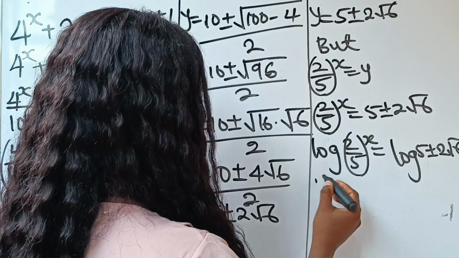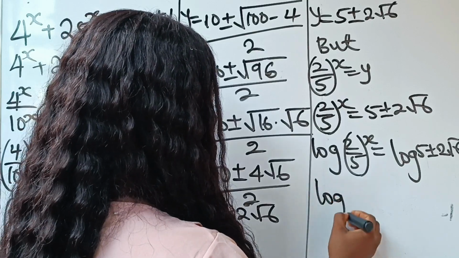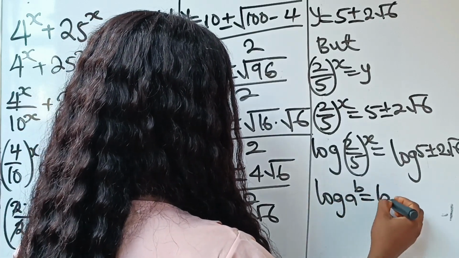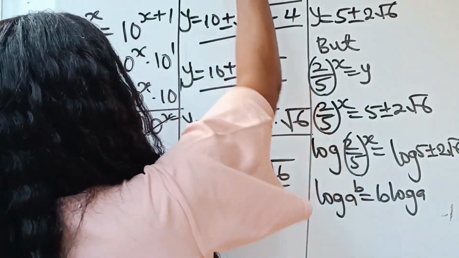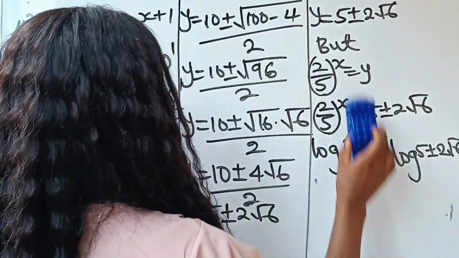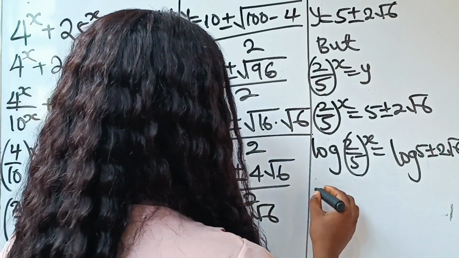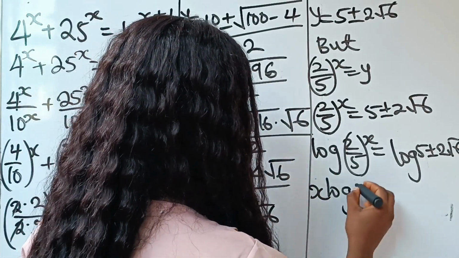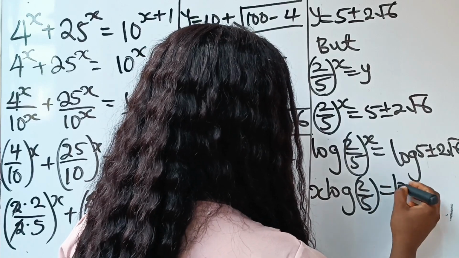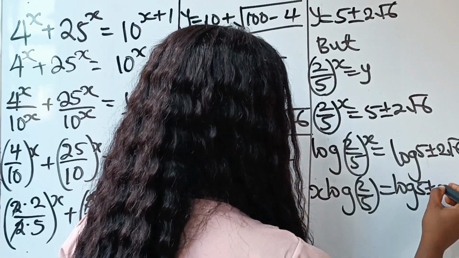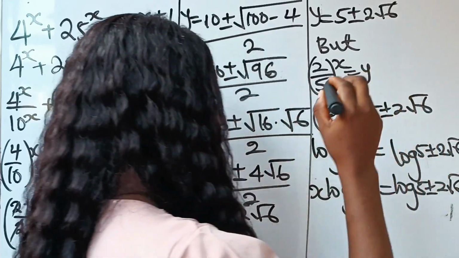So when you have log a to the power of b, this is equal to b multiplied by log a. So that means that we can rewrite this as x multiplied by log 2 over 5 is equal to log of 5 plus or minus 2 root 6.